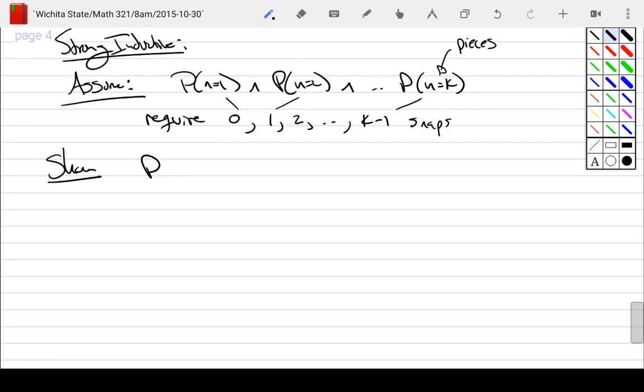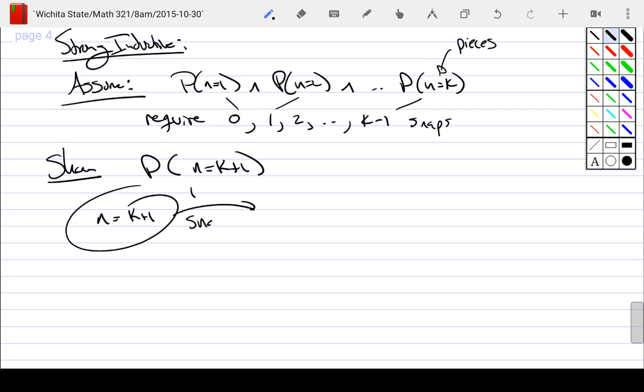Show P of n equal to K plus 1. If I have a piece of chocolate, candy, that has these K plus 1 individual pieces in it, and I break it, and then I look at the two components, right? I do one snap. So I have my n equal to K plus 1, and I'm going to take one snap.